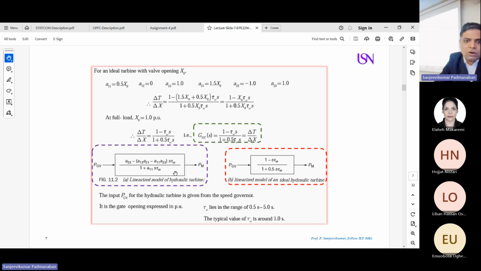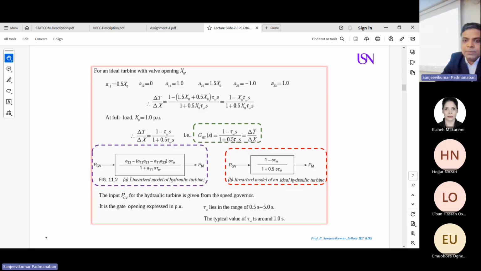If I want to go for a non-ideal model, I have to calculate A23, A13, A21, A11, A23. Again, in the denominator, we have A11. I already gave you the formula for how to calculate it. Put in all the values. If you have the real hydro plant parameters from the hydropower plant operators, you can easily calculate all this.